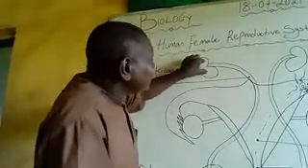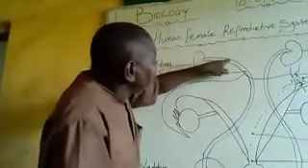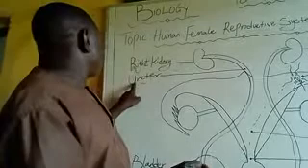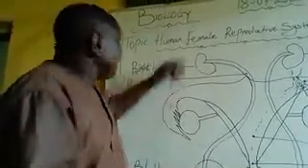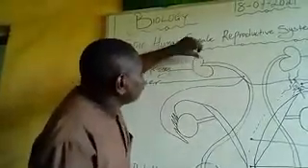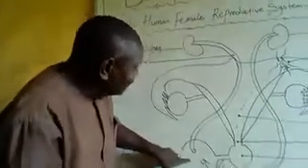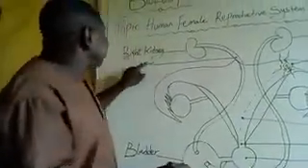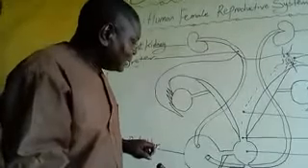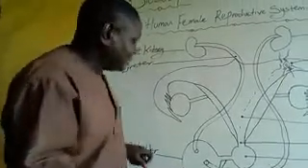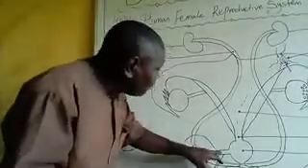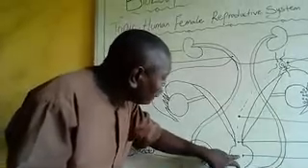It sends them through the pipe called ureter. The pipe connecting the kidney to the bladder is called ureter. The channel from the bladder down to the vagina is called urethra.